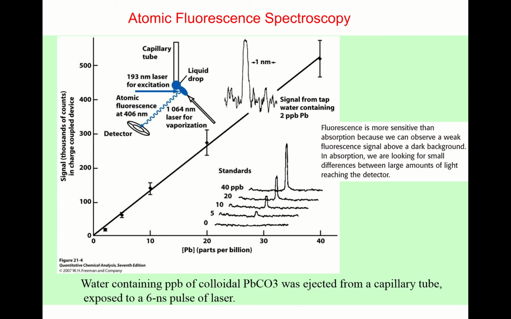So there are 50,000 candles in the stadium. Absorption is like, after absorbing, you turn off, for example, 500 candles. Can you see the difference? Out of 50,000 candles, you turn off 500 candles. That's only 1%. Ordinarily it's very difficult to see whether 500 candles are turned off or not.